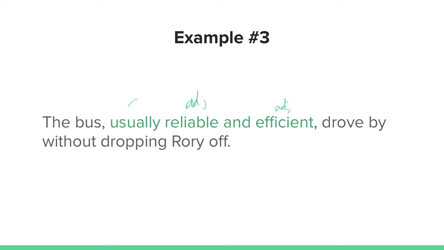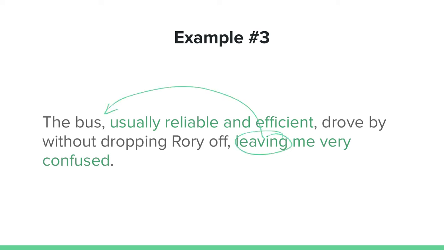We've got a little adverb here modifying the adjective, but the main things are the adjectives, so they both go back. They're modifying bus. And now I'll add a right branching modifier. The bus, usually reliable and efficient, drove by without dropping Rory off, leaving me very confused. So we've got a participle that goes back to bus. The bus is leaving me very confused. Everything goes back to the bus.